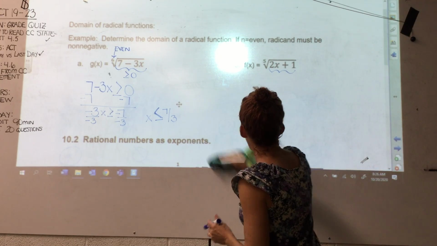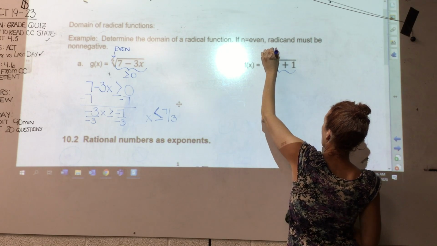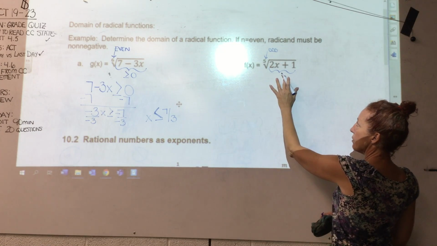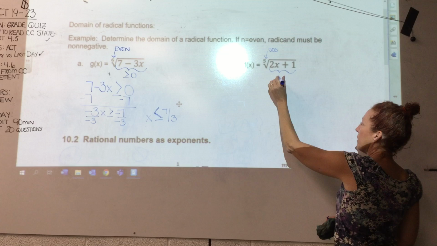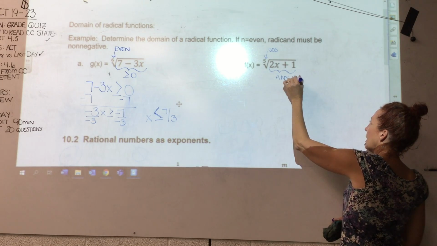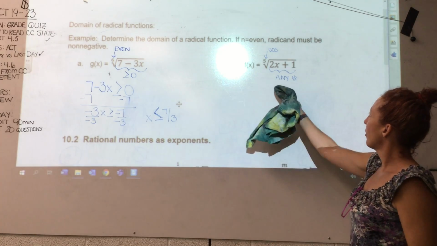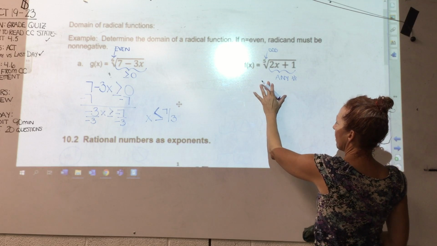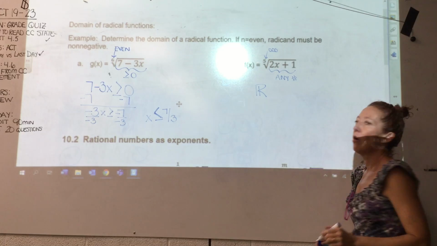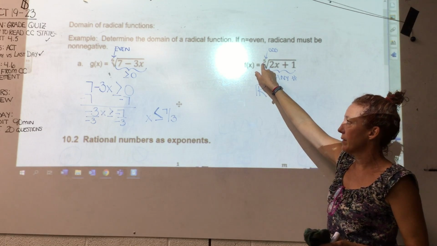So, anytime that is an odd root, an odd index, what is underneath the radical sign can be any number. It doesn't matter whether it's positive, 0, or negative. So therefore, this one is way less complicated. This is all real numbers. All real numbers will work anytime that is odd.